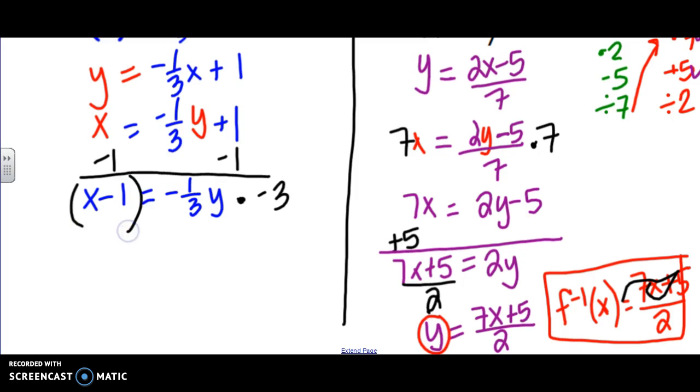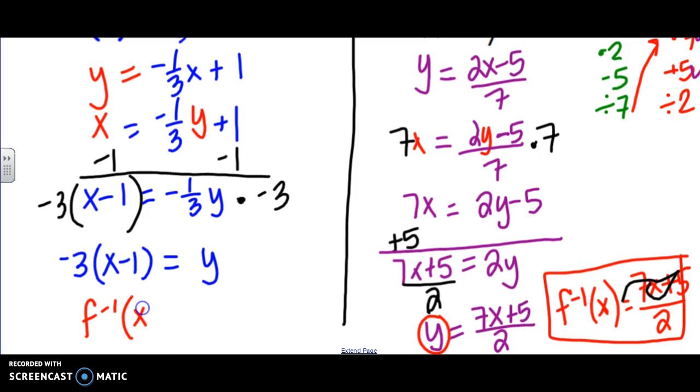And over here, since it has 2 parts, you have to put parentheses around that to show that the whole thing has to multiply by -3. So you have -3 times the sum of x minus 1 equals y. And we put our fancy notation back instead of y, so we get f inverse of x equals -3 times x minus 1.